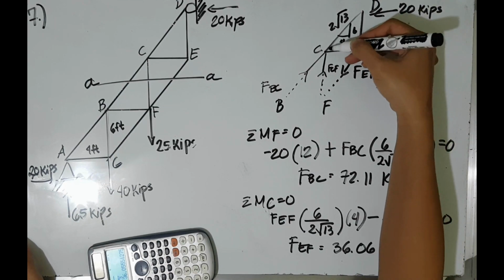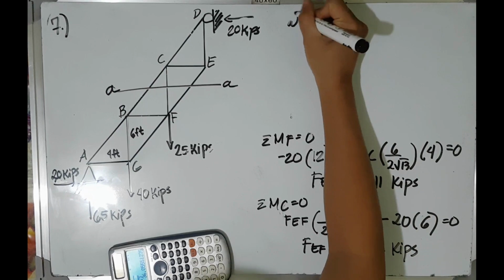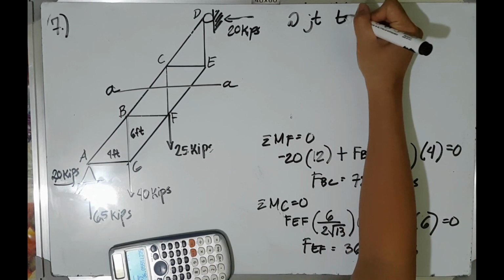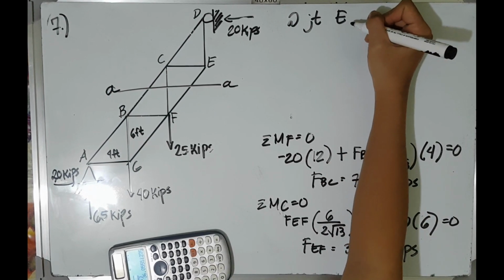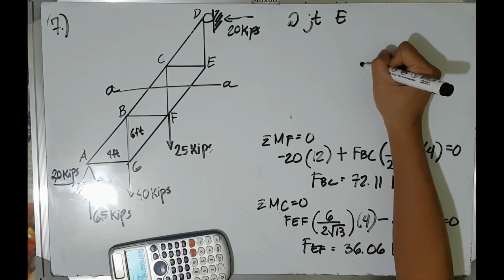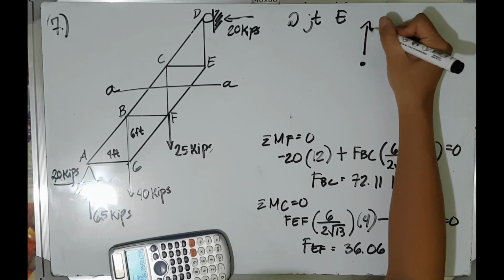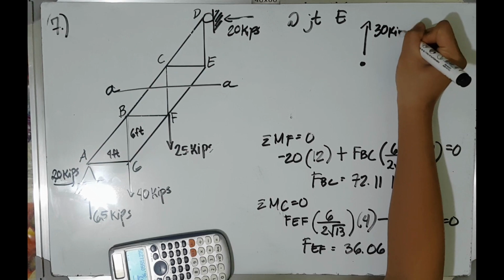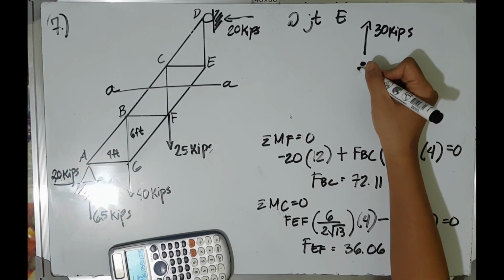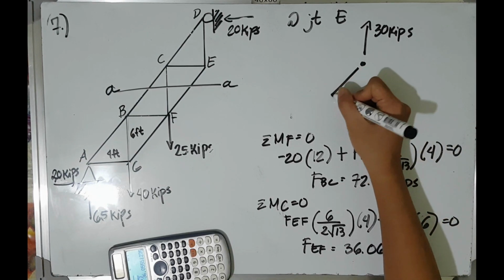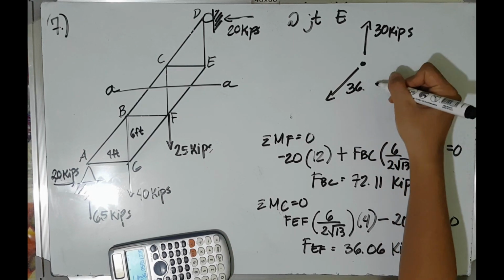So at joint E, drawing the free body diagram at joint E by reflecting all the forces acting on it.